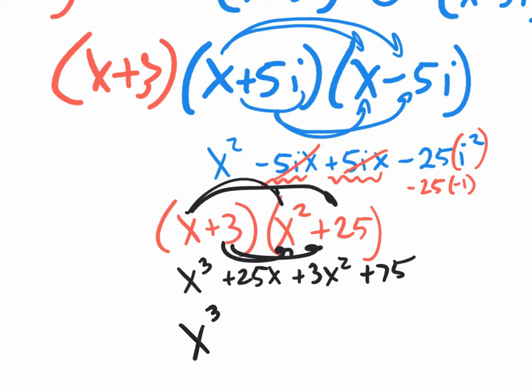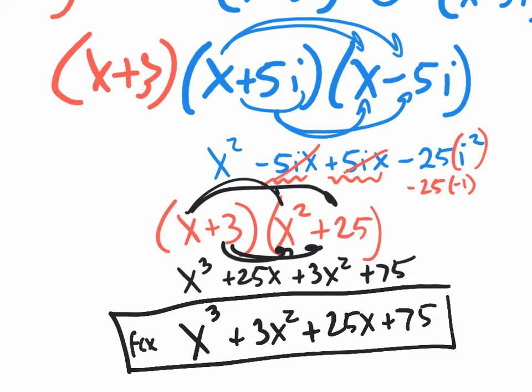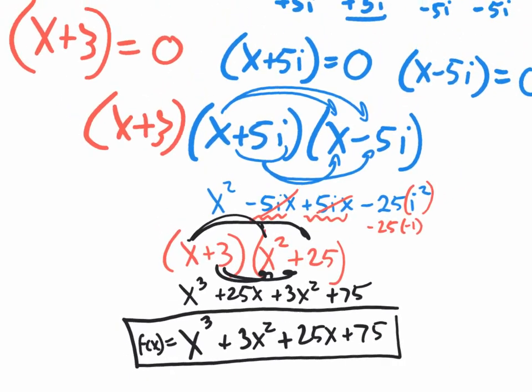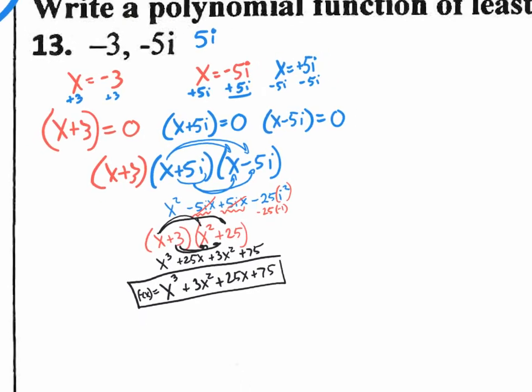X to the third plus 3x squared plus 25x plus 75. That's your final polynomial that gives you those answers. You could call it f of x, you could call it g of x. You could even set it equal to 0. If you did set that equal to 0 and solve, you would get the above three answers: -3, -5i, and +5i.